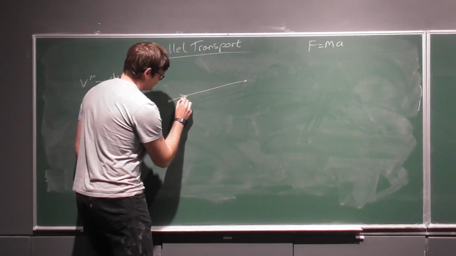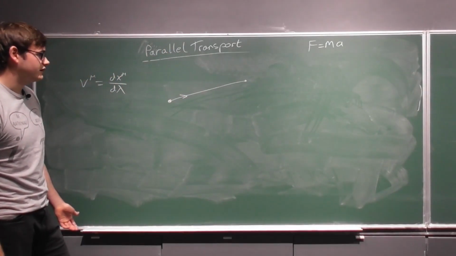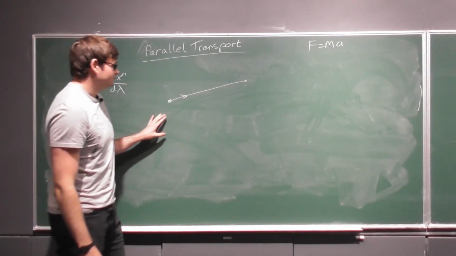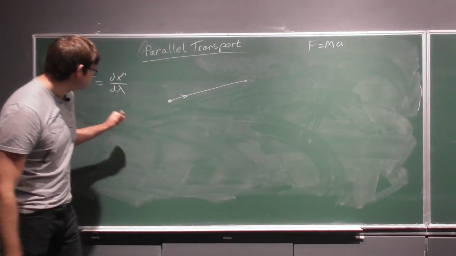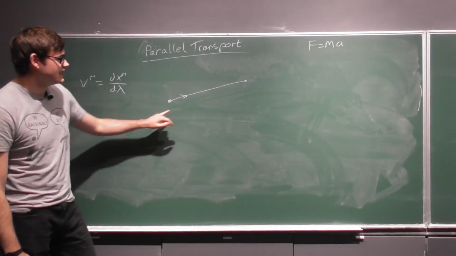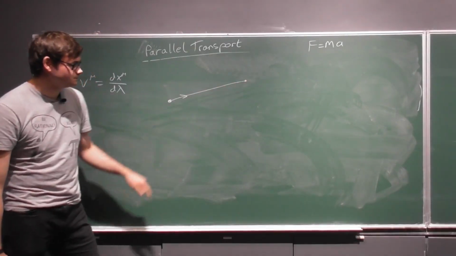At any point you have a vector like this, and our velocity at one point tells us how to get to the next point, in that we follow this arrow.